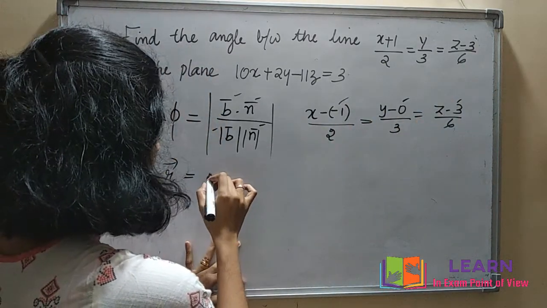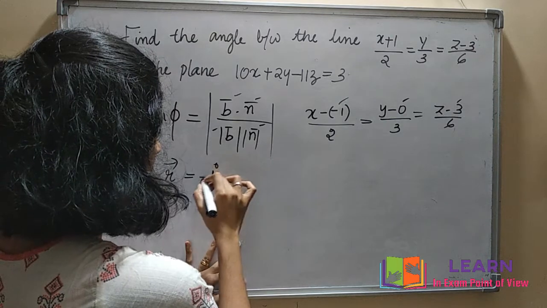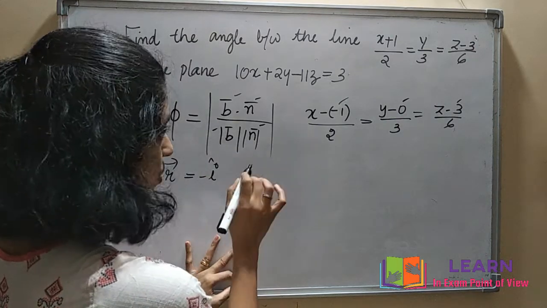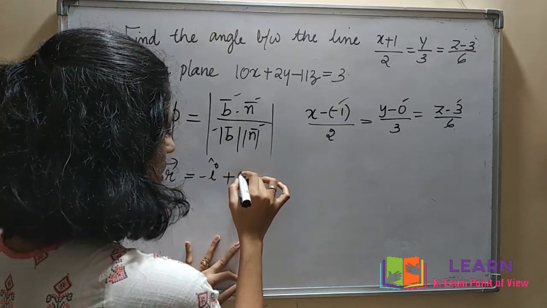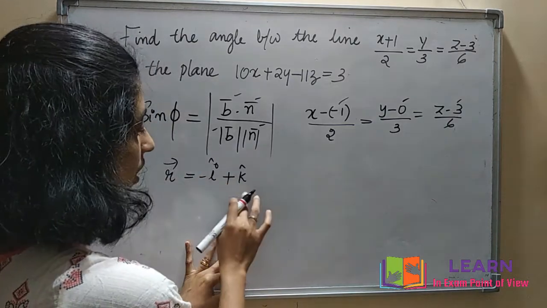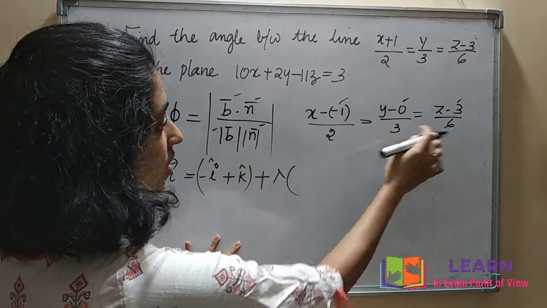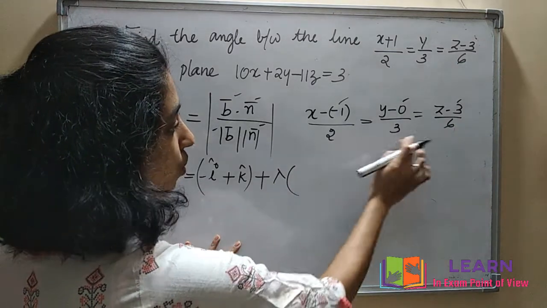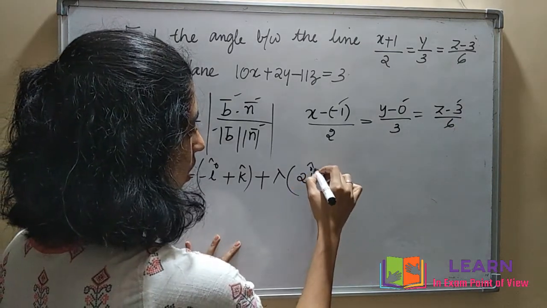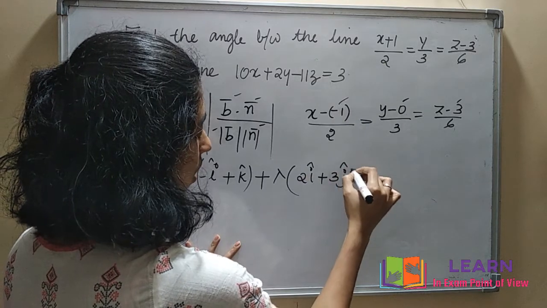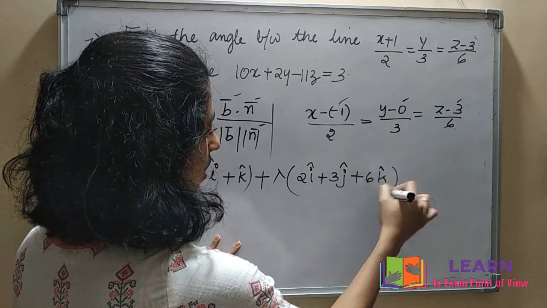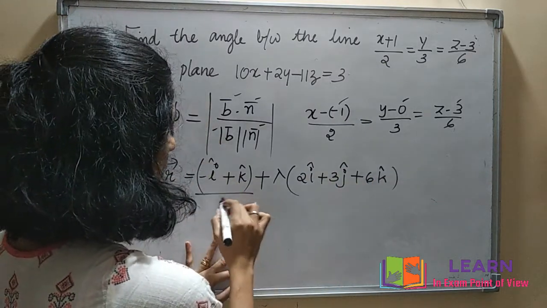Fine. That is minus i. There is no j. Then plus k. This is A vector. Plus lambda into b vector, which is 2, 3, 6, that is 2i plus 3j plus 6k. This is b vector. So this is A, this is b.